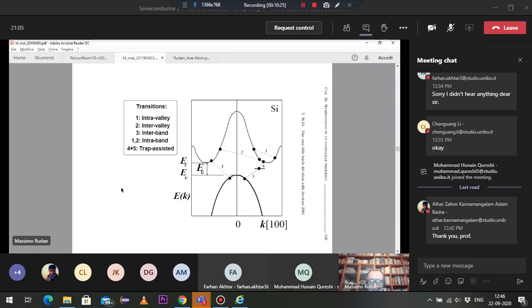At this point, periodicity is lost because a finite piece of material is not periodic anymore, okay? But if you remember, we invented a trick to restore periodicity. We said we fold, mathematically of course, the crystal onto itself, which means that the left face of the crystal is equivalent to the right face, the bottom face is equivalent to the top face, and the front face is equivalent to the back face.